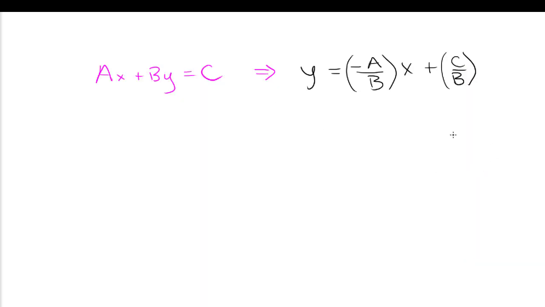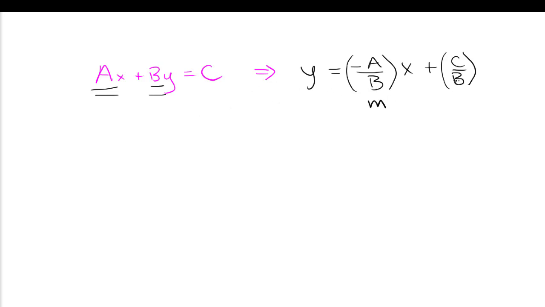How do we figure out if lines are parallel or perpendicular given a standard format? Well, it helps to convert that standard format into y equals mx plus b format. We can see the equivalent of m is minus a over b. So it's the ratio of the coefficients of x and y that determines the slope.